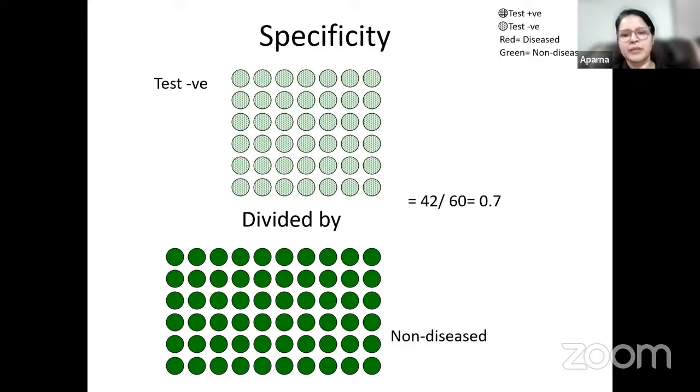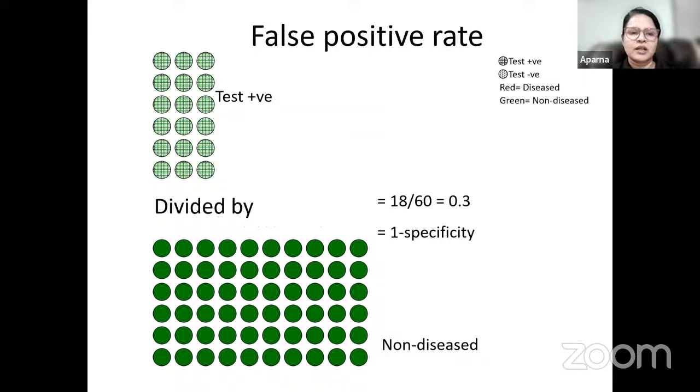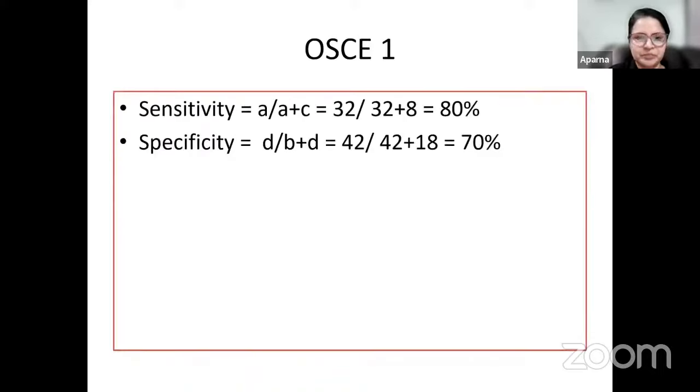So 42 divided by 60, which is 0.7, gives the specificity. Likewise, the false positivity rate is nothing but 1 minus specificity. So the remaining 18 babies that actually tested falsely positive with the test, divided by the total number of non-diseased individuals, that is 60, represents 1 minus specificity.